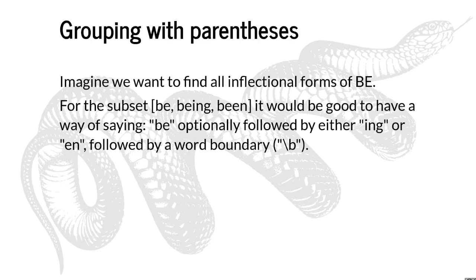And it would be nice to have some way of expressing be and then either that or optionally that followed by the string ing or the string en. And all of that followed by a word boundary. That would be one relatively concise expression that allows us to capture be, being, and been all at the same time.